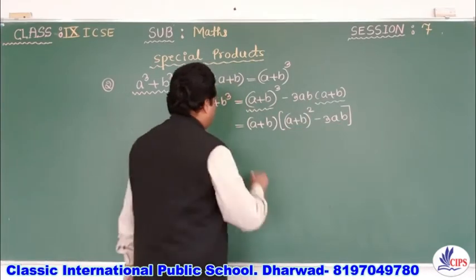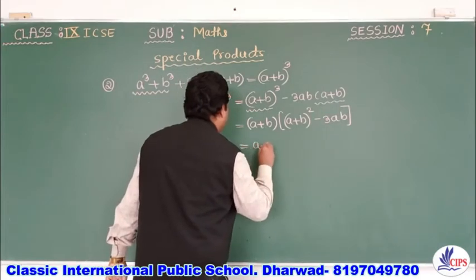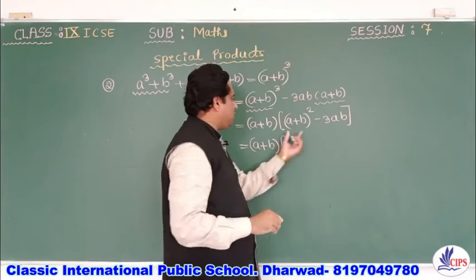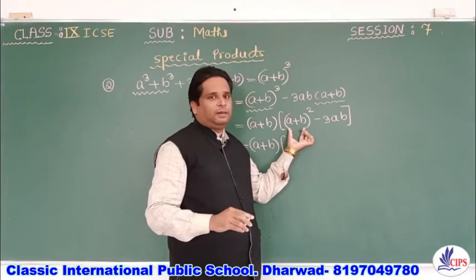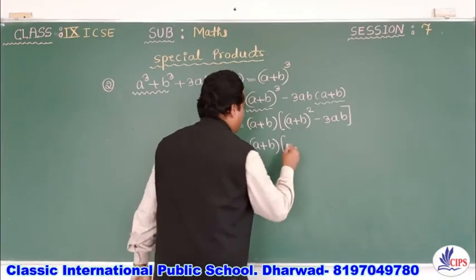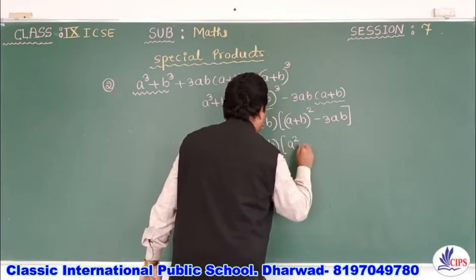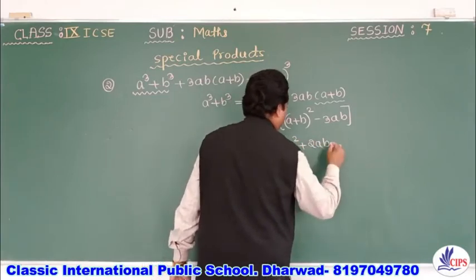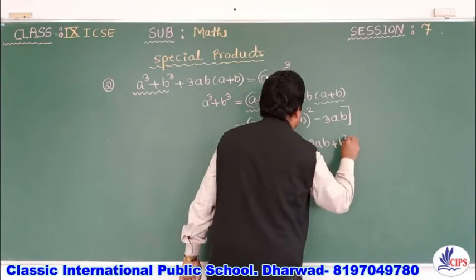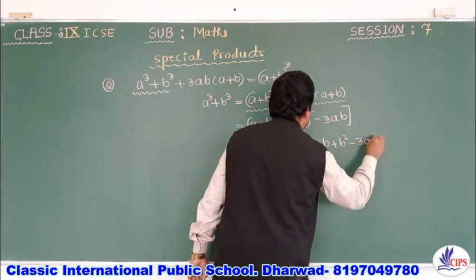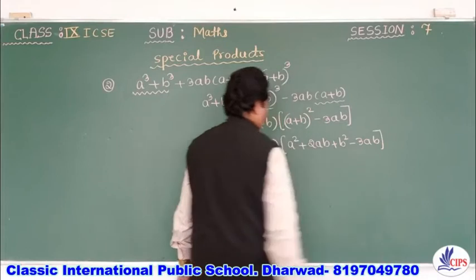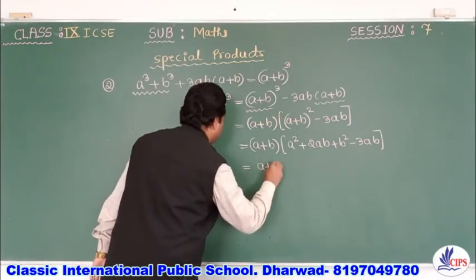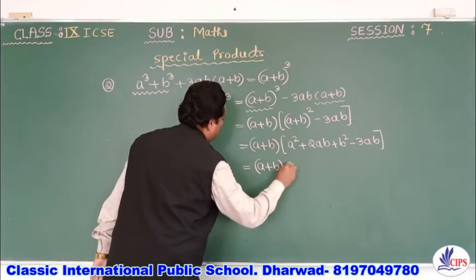Write (a + b) as it is, and then I will expand (a + b)² using the identity: (a + b)² = a² + 2ab + b², minus 3ab. I'll keep (a + b) as it is and simplify further.